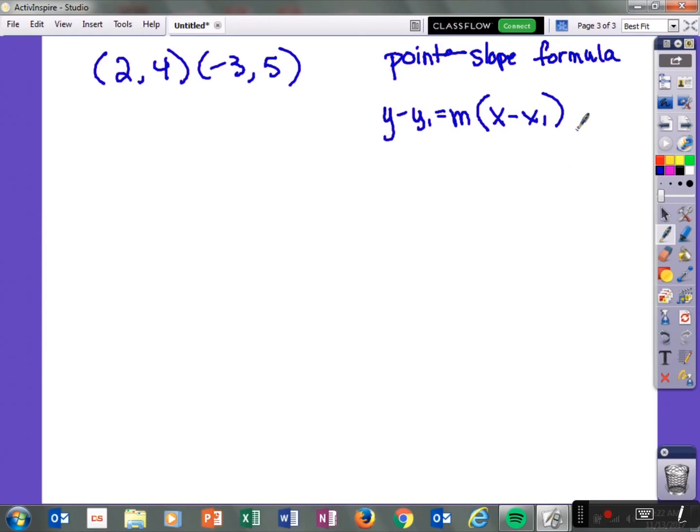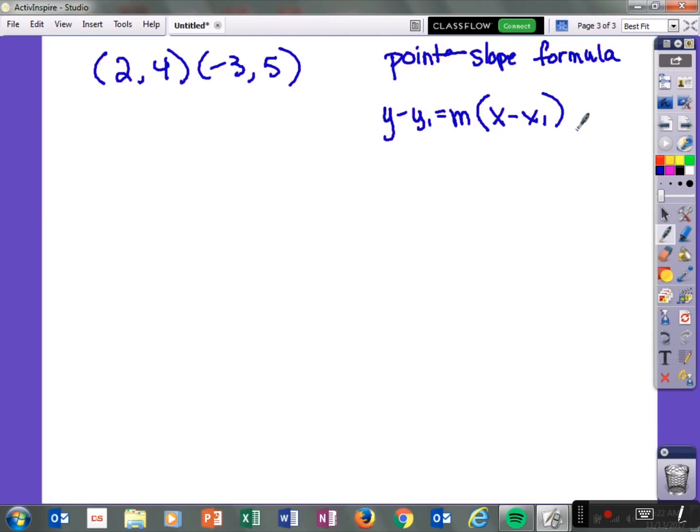Do we ever plug anything in for y and x? No, but will we plug stuff in for y1 and x1? Yes. Will we plug something in for m? Yes. Okay? So just remember that we're not plugging things in for y and x. That's why they don't have a 1 or a 2 on it. They stay y and x. It's y1 and x1 that's going to change.